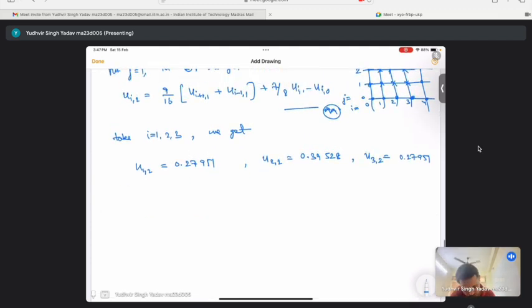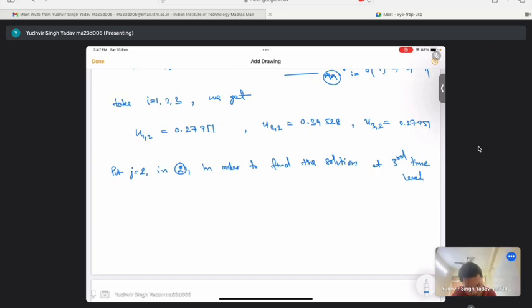In similar fashion, put j equals to 2 again in equation number 2 in order to find the solution at the third time level.